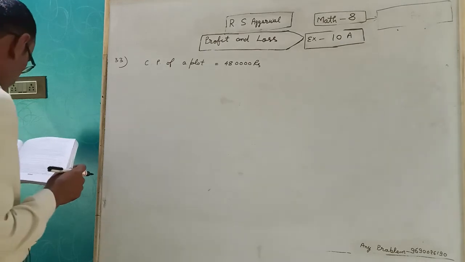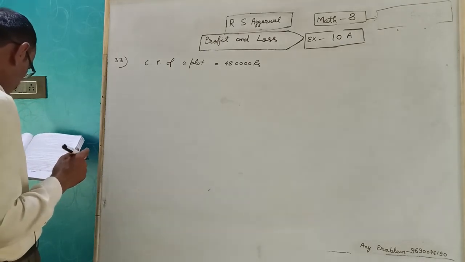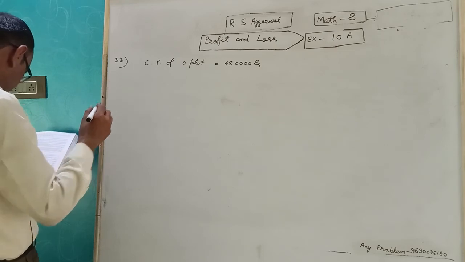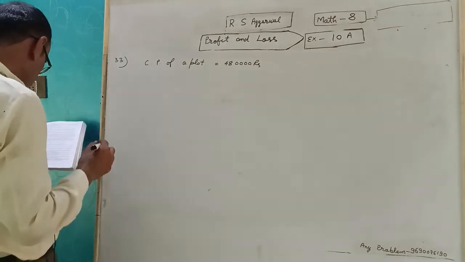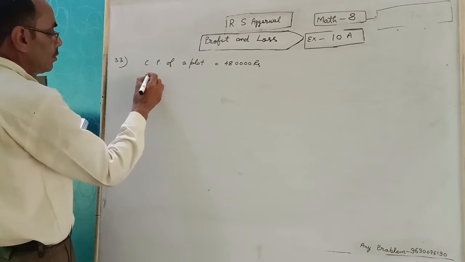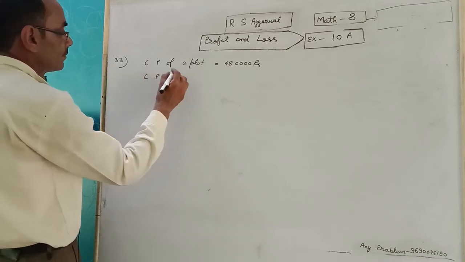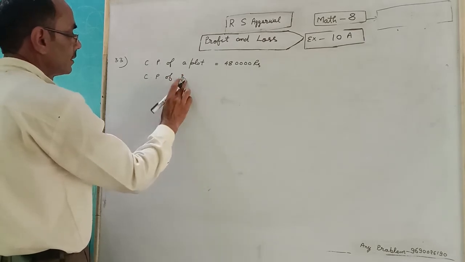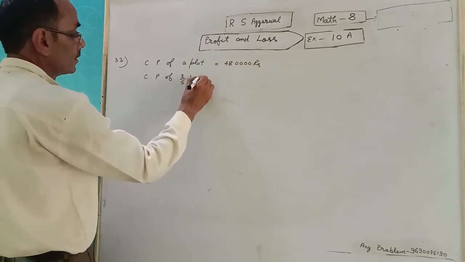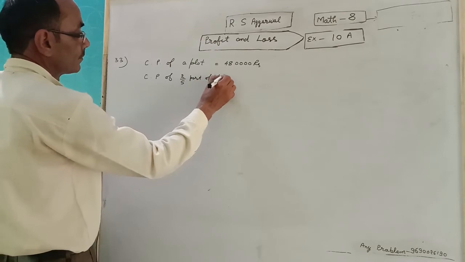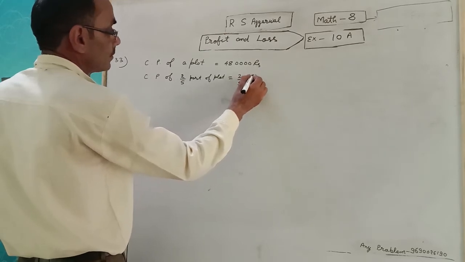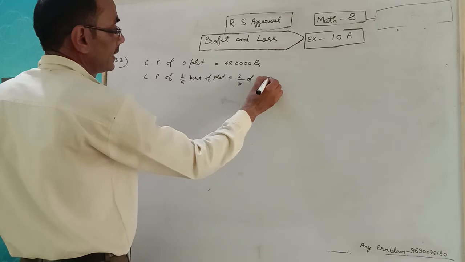Ahmad sold part of the plot. He sold 2 upon 5 of it at a loss of 6%. The CP of the 2 upon 5 part of the plot is equal to 2 upon 5 of 4,80,000.